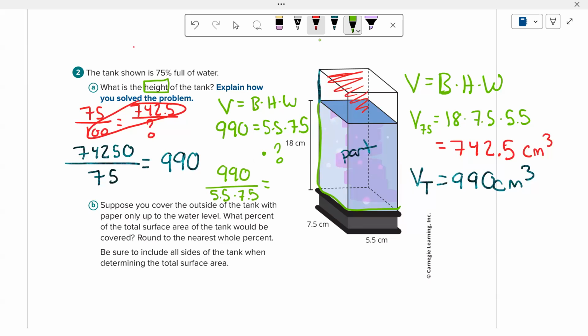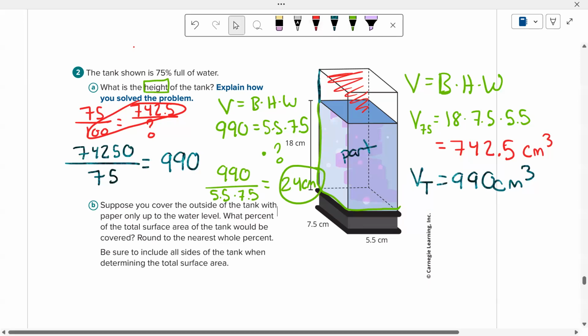So that's going to be 24. So the true height is 24 centimeters. That was the question. That was definitely a roundabout way. There's a couple other ways to figure it out, but I want to make sure you incorporated what was volume. Remember, volume we talked about before, base times height times width.